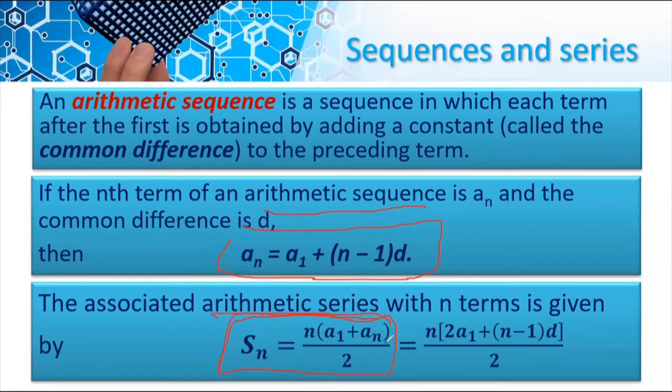Pwede ka rin naman gumamit ng arithmetic series na merong given ang n term at saka yung kanyang common difference. Ito naman yung kanyang equality. So, S sub n is equal to n times the quantity 2 times the first term plus n minus 1 times the common difference, all over 2. Parehas lang yung equation na yan or yung formula na yan.